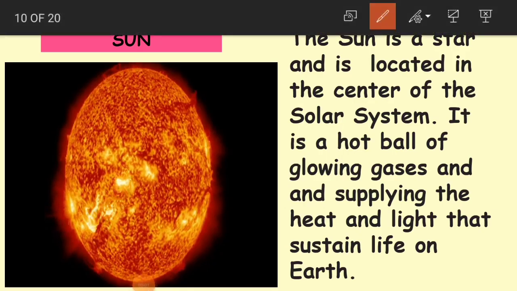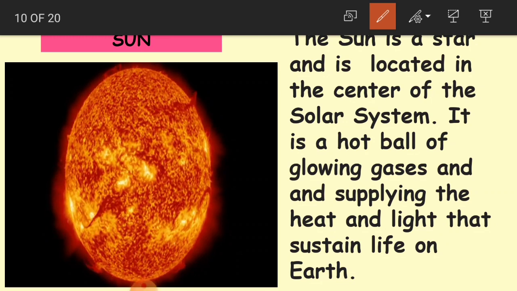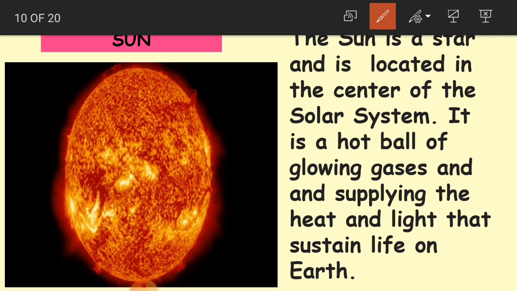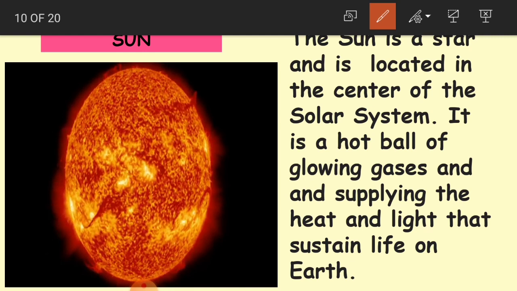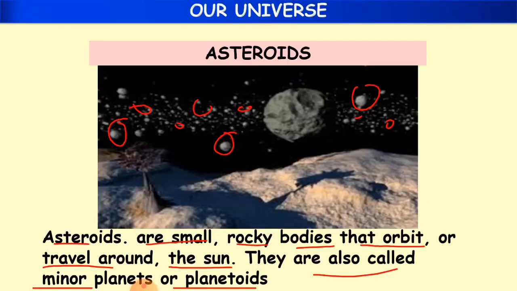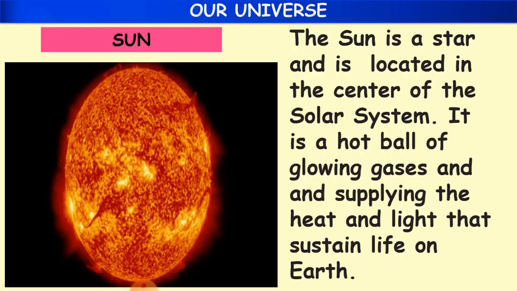Now about the sun. Every day we see the sun. Yes or no? Early morning, in the mid afternoon, in the late evening, the sun rises, the sun sets. We see the sun at different timings. Here, who is the sun? The sun is a star and is located at the center of the solar system.